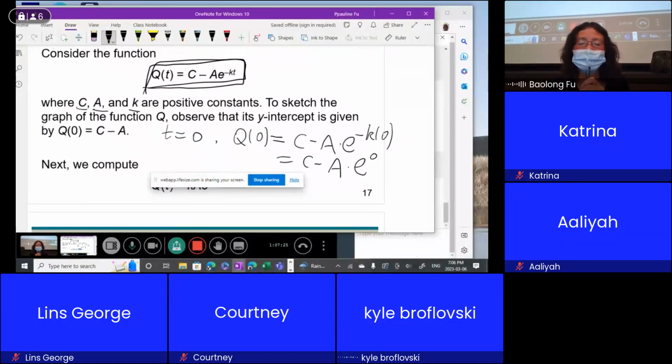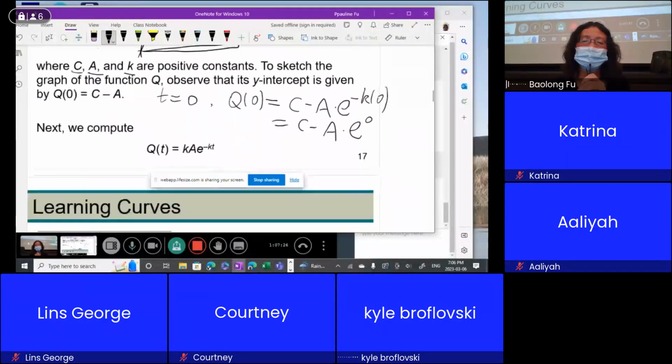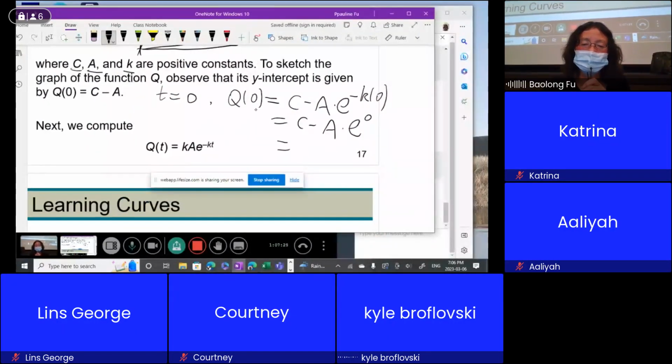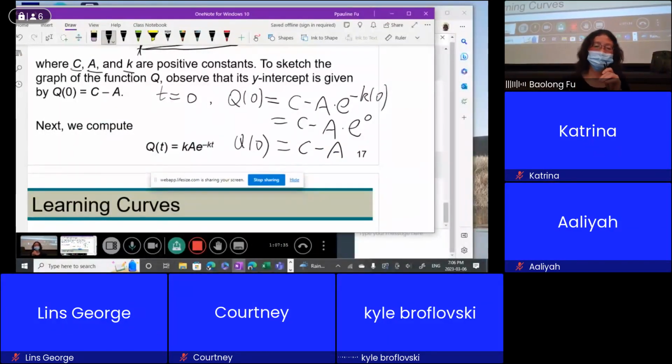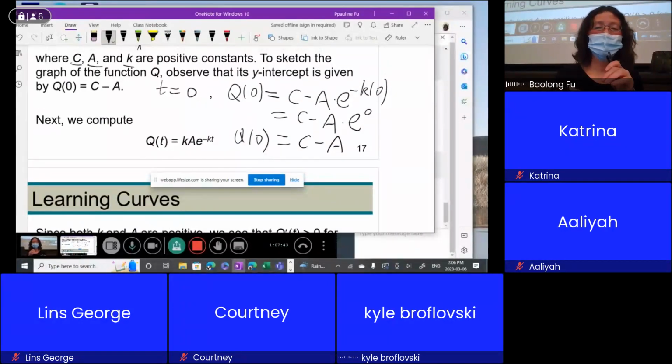E raised to power 0, E raised to power 0 equal to 1. So Q0 equal to C minus A. Okay. So what does it mean? Q0 equal to C minus A means y-intercept is C minus A.